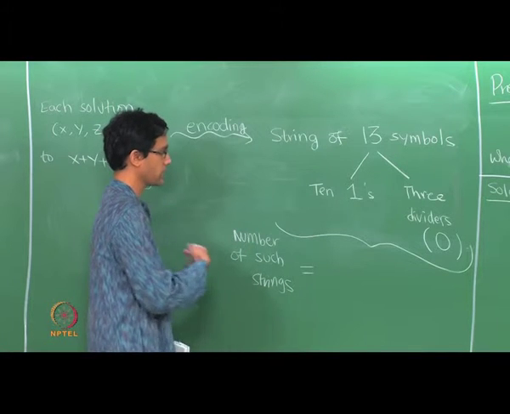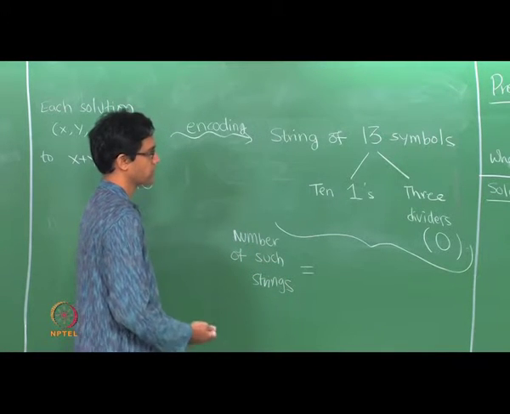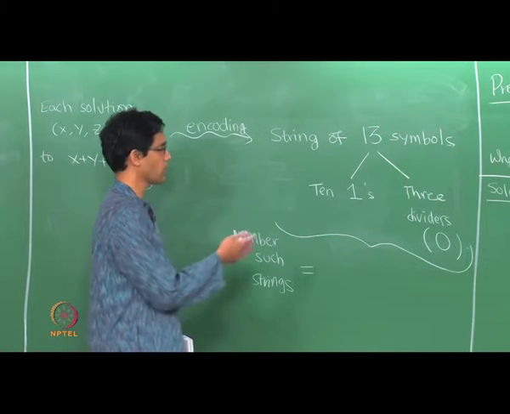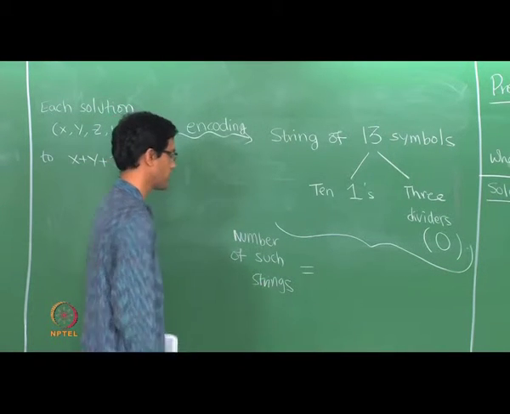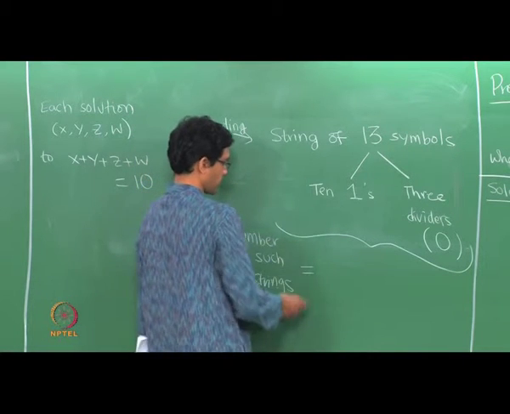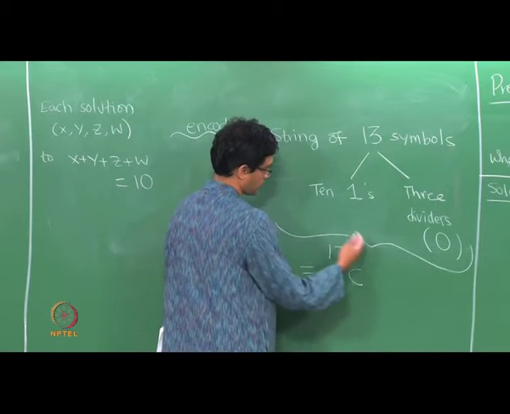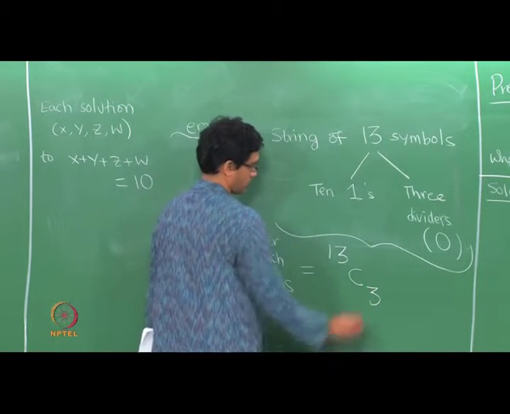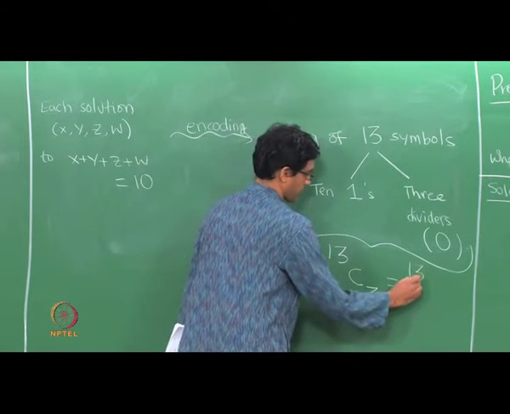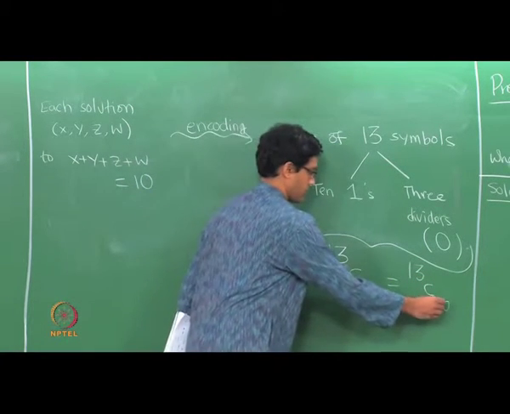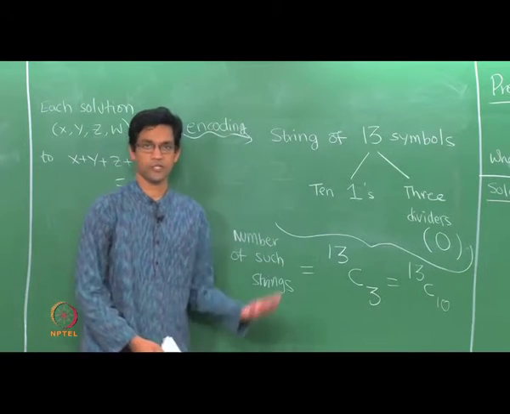We have a string of 13 symbols and you only need to choose the positions where either the 10 1s occur, or the 3 zeros occur. So the number of such strings is nothing but 13 choose 3, for instance, or 13 choose 10, which are of course both the same. So that's a solution to the problem.